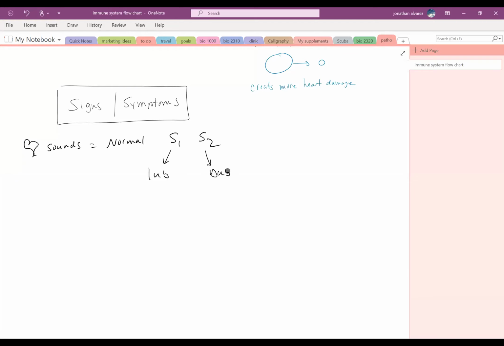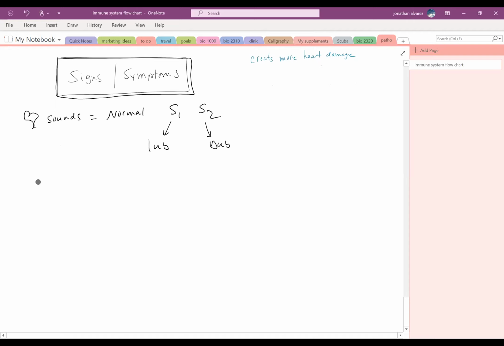Well, with abnormal findings and all that, you can hear an S3 heart sound, an S4 heart sound. So one of the auscultating signs and symptoms, you're going to hear an S3 sound, which is gallop.